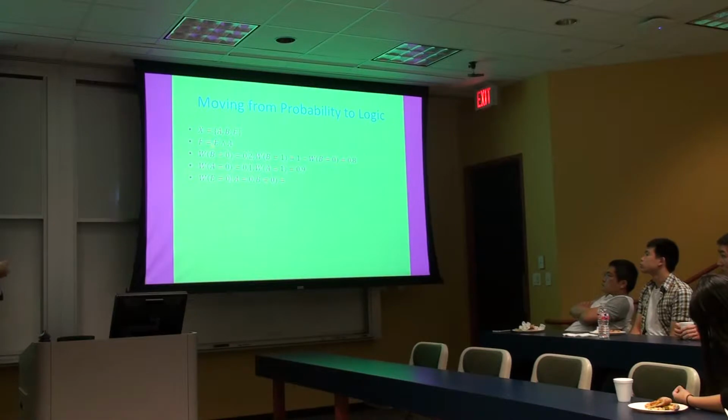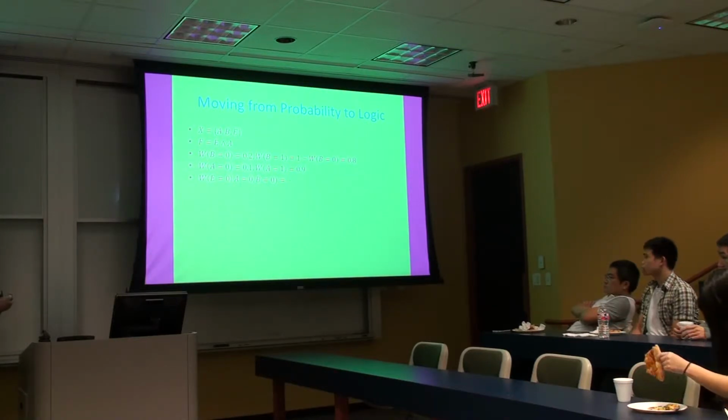Let F be the formula E and A, and we define a weight function. If you have been seeing the truth table, it is just defining the weight function based on the values we had in the probability table. So the weight function just copies the probability tables. Nothing fancy so far.